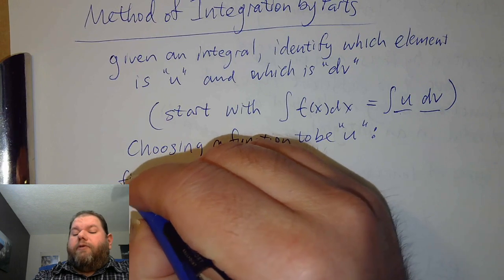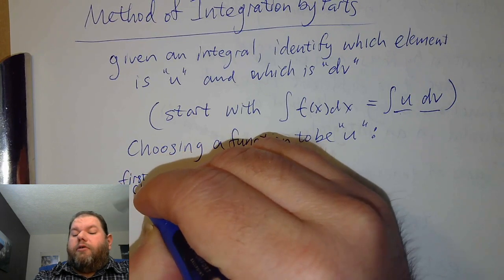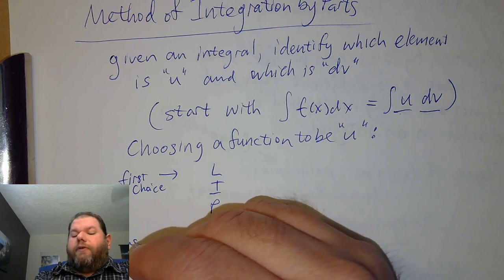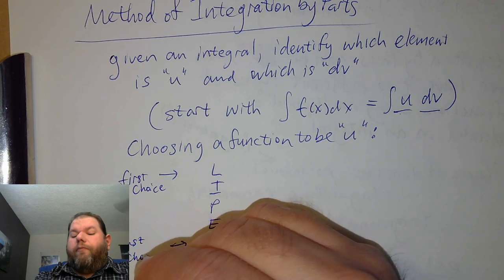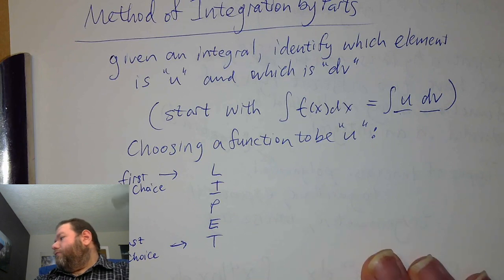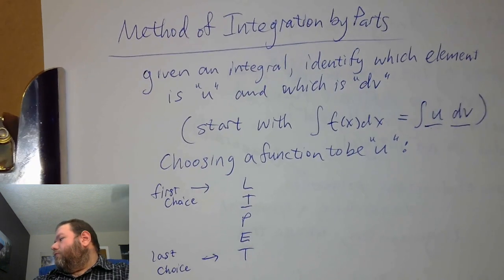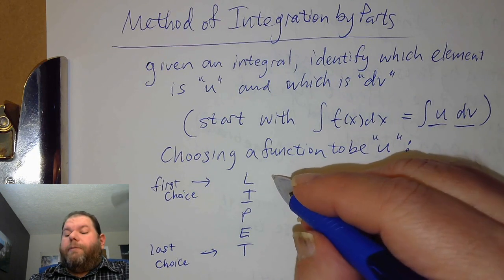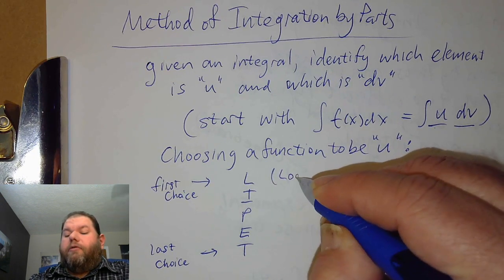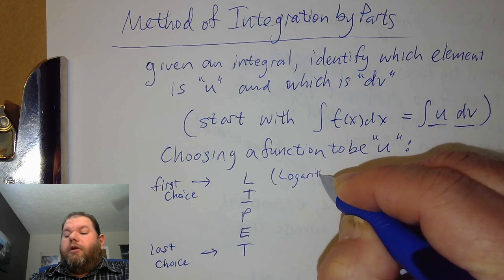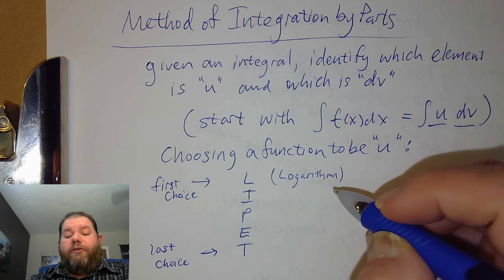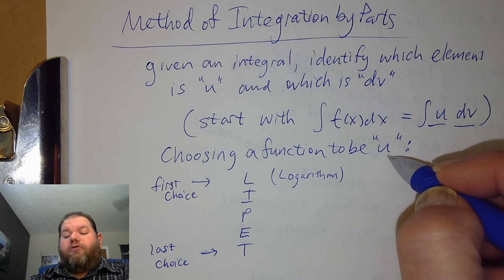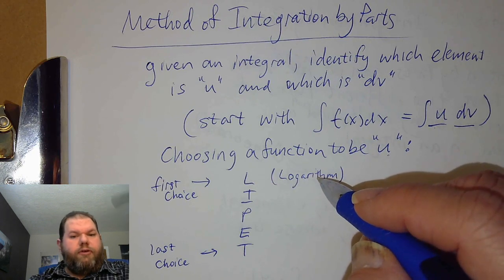At the top we'll see our first choice, and at the bottom we'll see our last choice. So LIPET, that's a logarithm. If there's a logarithm present, we always want it to be u. That's our first option for choosing u.